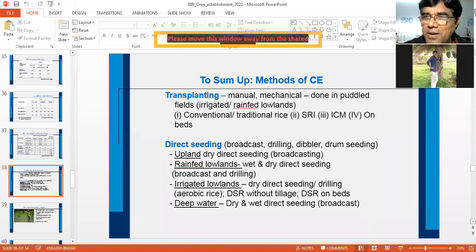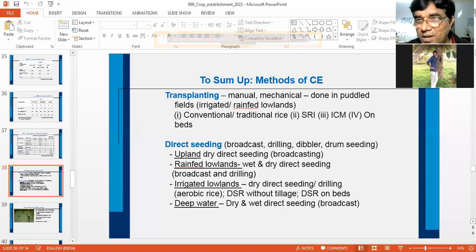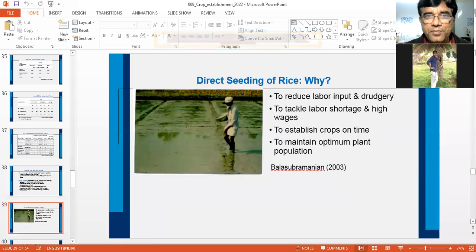Just remember some fundamentals: if you are putting seed directly into the soil without transplanting, then it is direct seeding. It can be done under wet condition or dry condition. Under both conditions, it can be drilled. In wet condition, drilling is not possible, but under other conditions, drilling is possible. And under all conditions of direct seeding, broadcast is also possible.